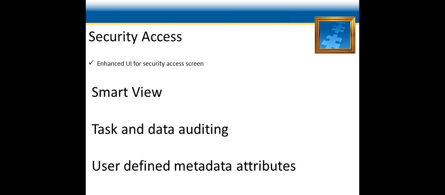The next feature is for Smart View. In Oracle Hyperion Smart View for Office, you can now control the width of the header columns in Oracle Hyperion Financial Management data forms.